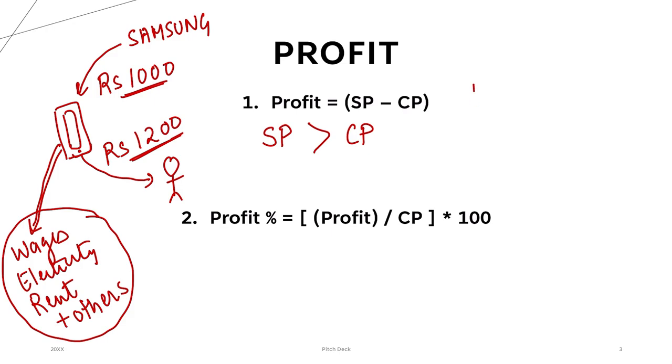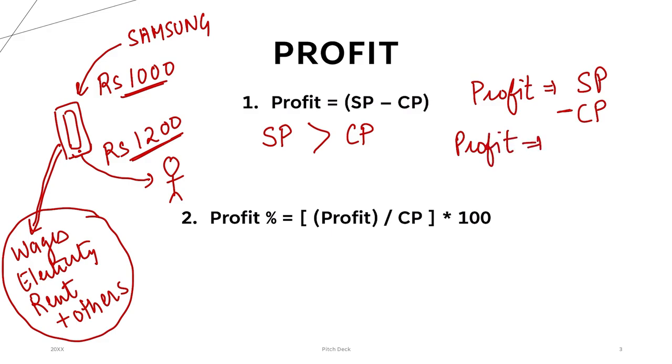So the profit in this transaction will be selling price minus cost price, where selling price is more than the cost price, and you will get a gain from the transaction. So what is the profit in our case? When you bought a mobile phone for 1000 rupees and sold it for 1200 rupees, how much profit did you make out of this transaction? Of 200 rupees. I hope this is clear.